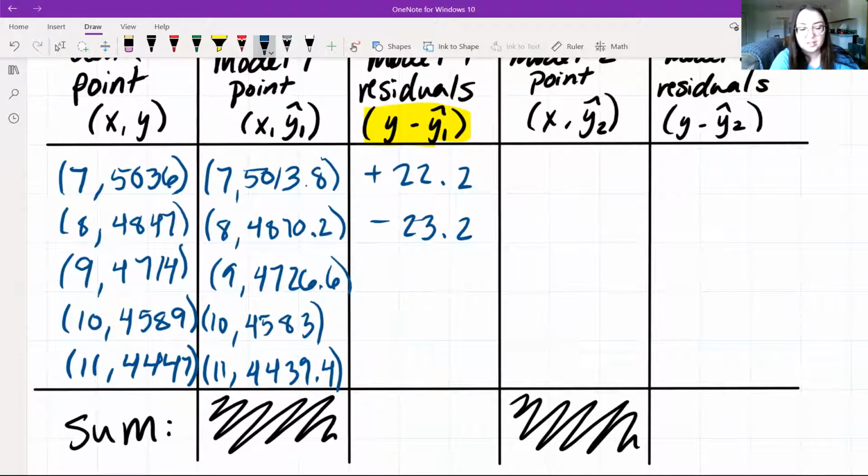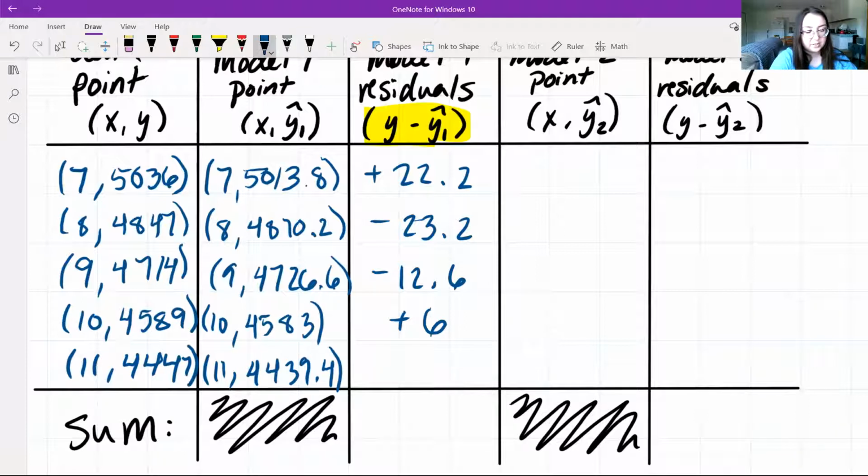And for our year 2009, we would have done 4,714 minus 4,726.6. And that's going to give us negative 12.6. Then we are going to take 4,589 minus 4,583. And this is going to give us a positive 6.